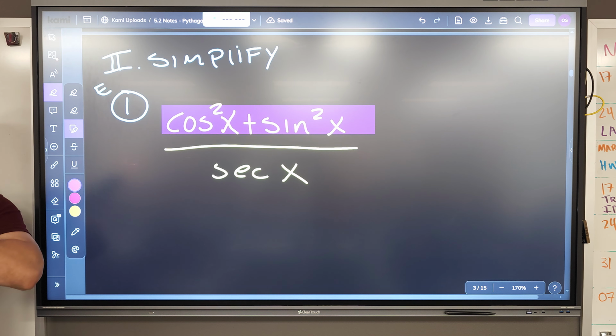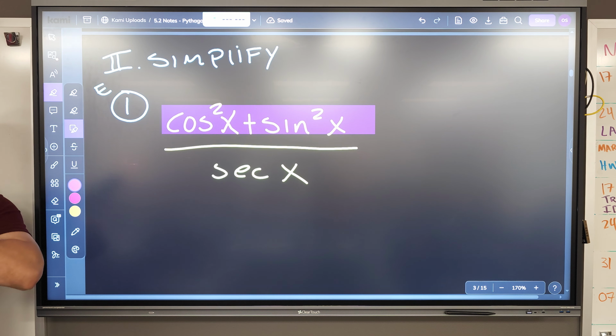Now when you're beginning, you're like, oh, those are both squared, so you start looking here. But remember, these are only add and subtract. That's not adding and subtracting, so that's not where you use that, right? So what do we do, guys? If I can't use these, that means I have to use those. What do you do when you have cosine and secant and stuff like that? You change the secant. You change them to cosine and sine.